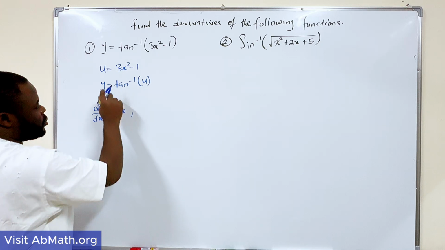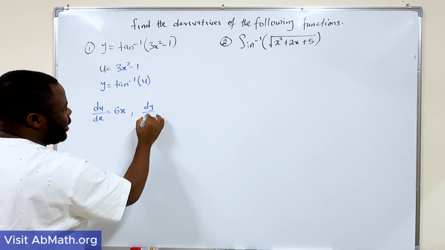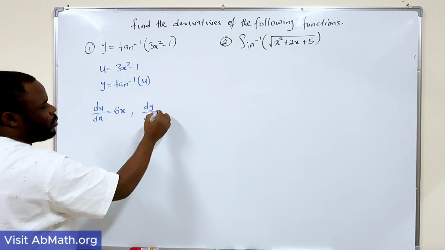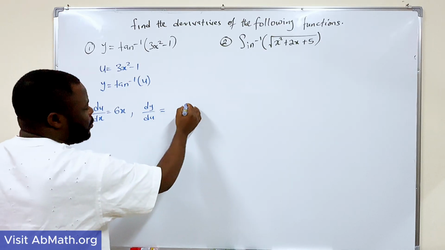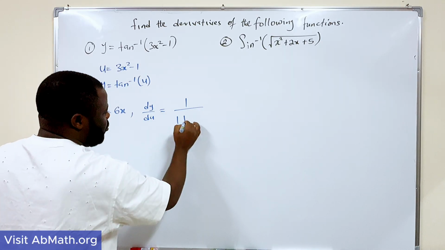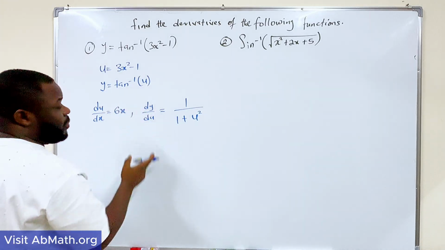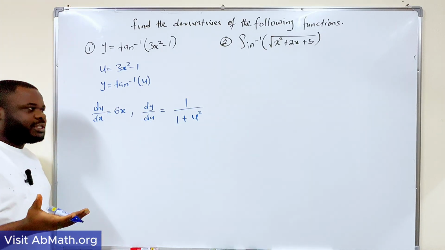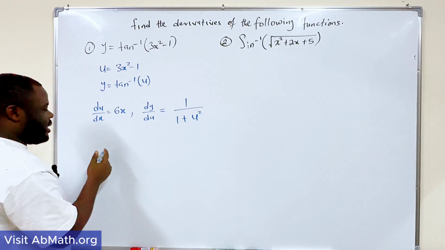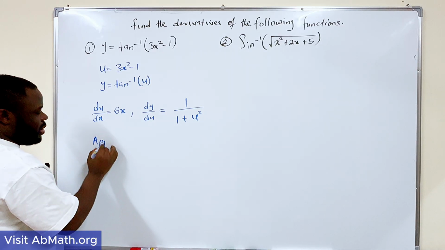Now, let's also find dy/du, okay? So tan inverse will give you 1 over 1 plus u squared. So that is the derivative of tan inverse. So the next thing you need to do is just multiply them, applying chain rule.